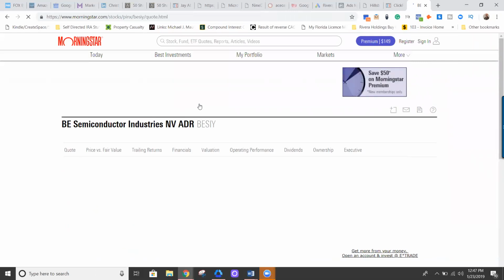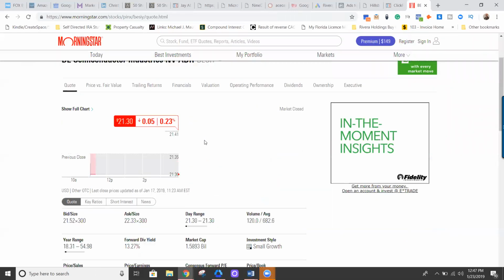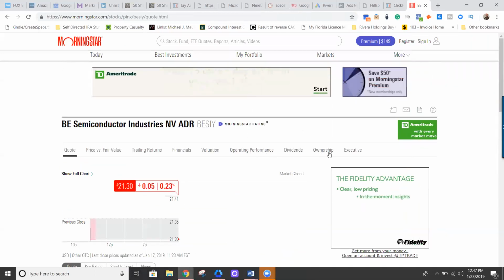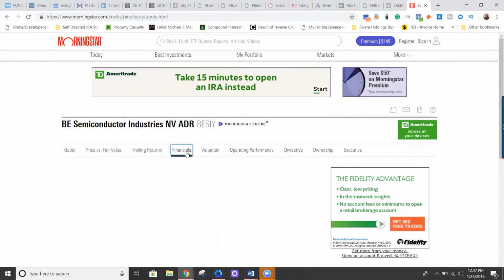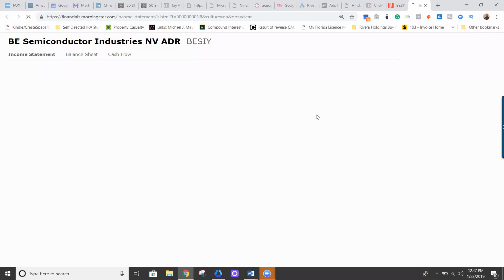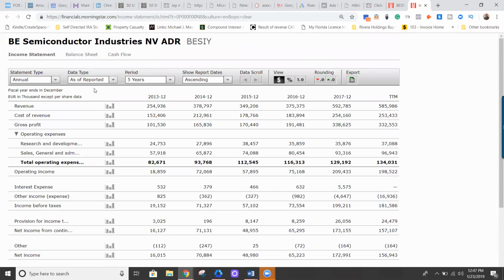They have hard assets. This is another company I've owned for years. I just want to make sure they actually have all the numbers before we get into the calculation.